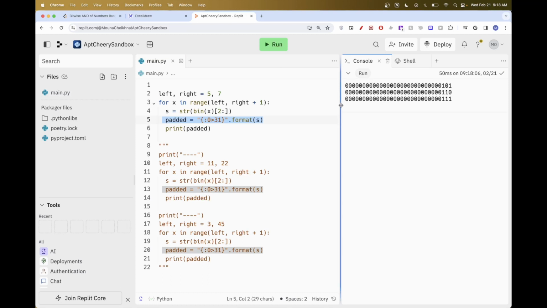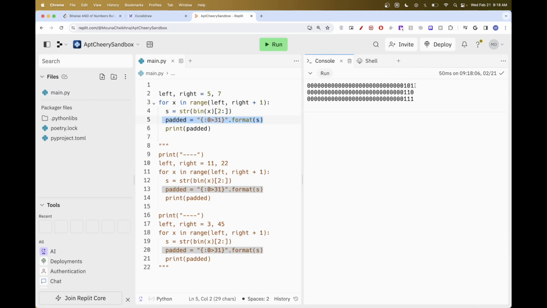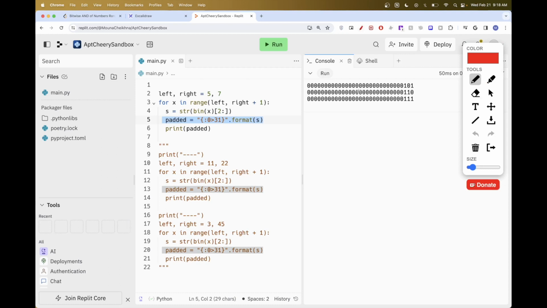So the first thing you notice is that for all the numbers in between these two, you will never have a 1 here, because both right and left have their ones stopping here. It doesn't make sense to have a number in between with a 1 here, because that number would be bigger than the right number. So that's the first observation.